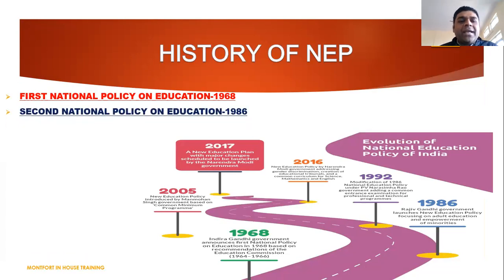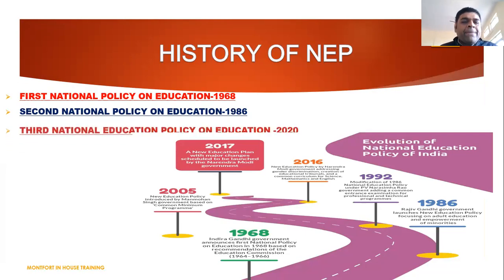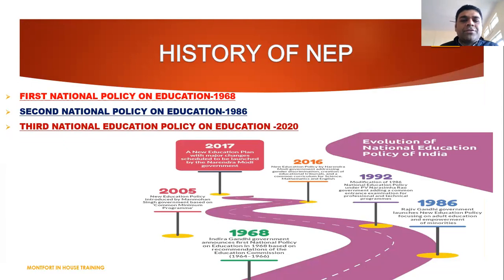Next, the second national policy on education was announced in 1986. This was announced by the late Rajiv Gandhi government with the help of the Ministry of Human Resource and Development. We will discuss this policy in later slides. Now, the third national education policy is 2020. Before that, I just want to tell you the 1992 policy was not a new policy.